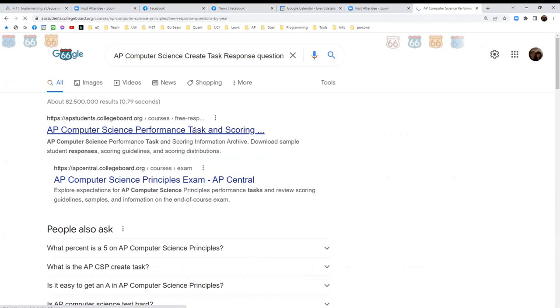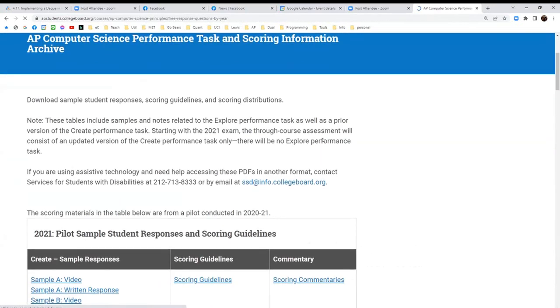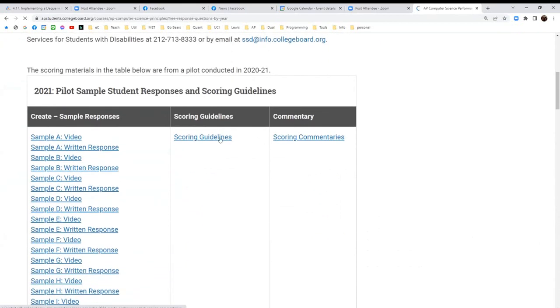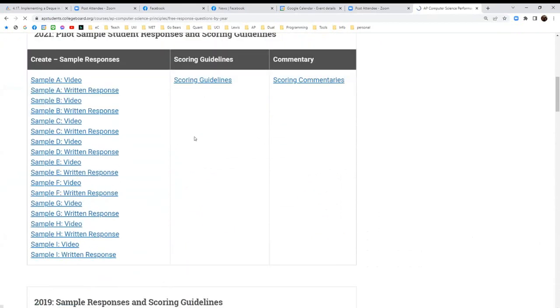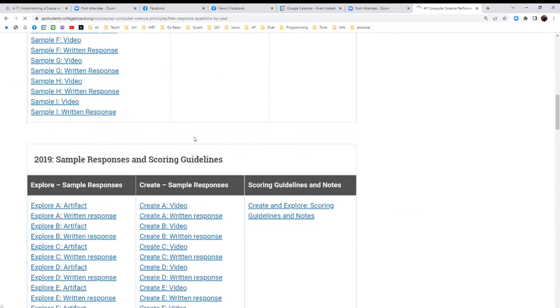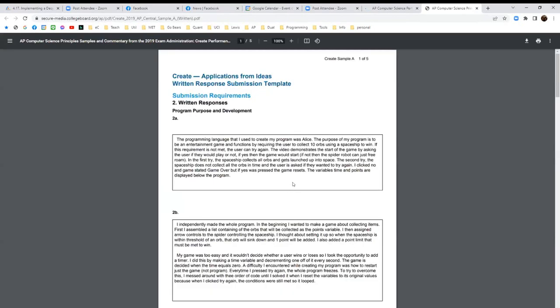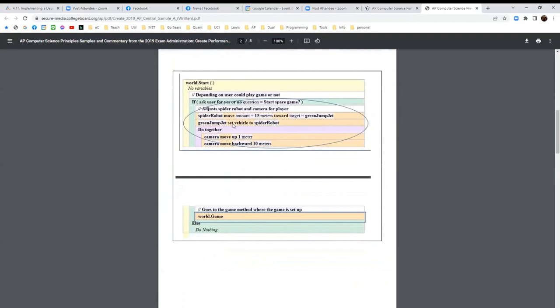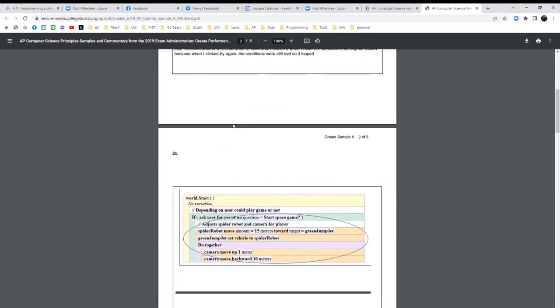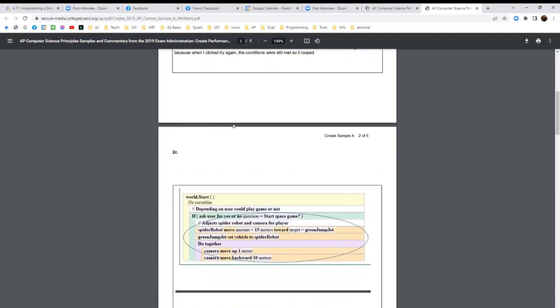These are the scoring requirements. There's a scoring guideline you need to follow, and it's available on the internet. You actually need to look at the written response. You have to walk through every single one, and one of them is 2C.